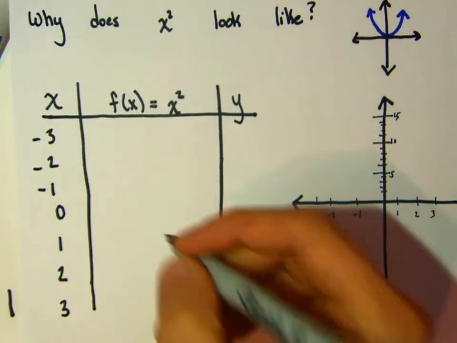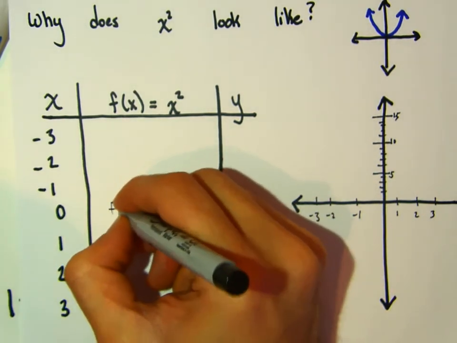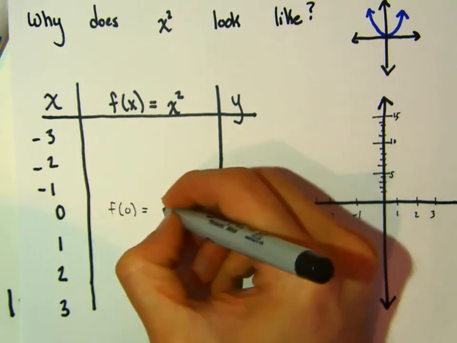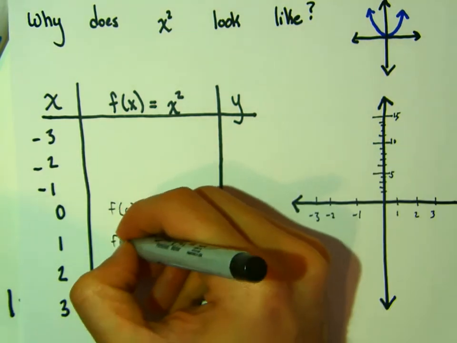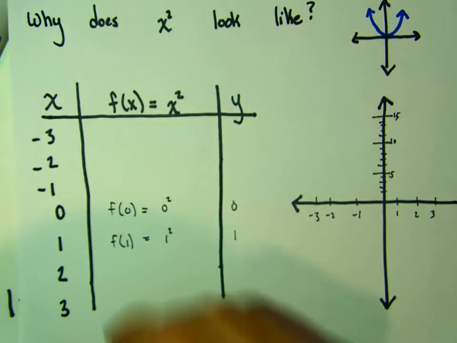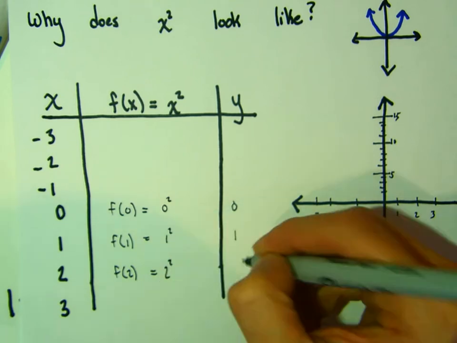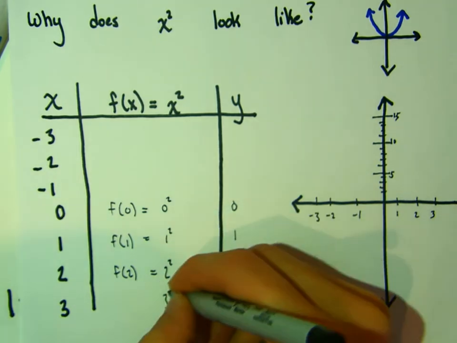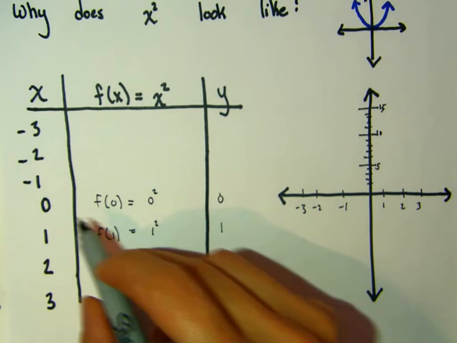So let's do it together. What is f of 0? Well, this is just 0 squared, so that's just 0. What about f of 1? Well, this is 1 squared, so that's 1. f of 2 is 2 squared, so that's 4. 3 squared, that's 9.